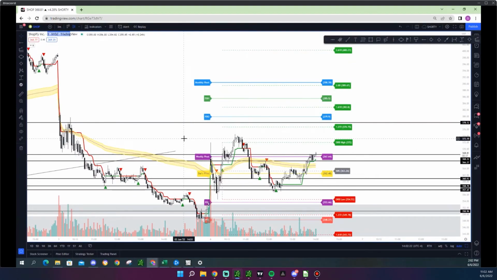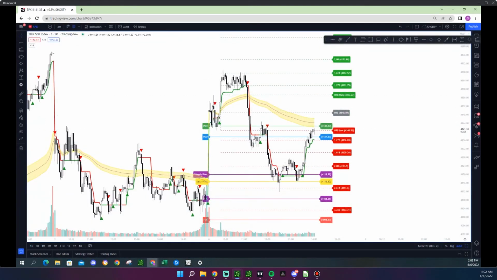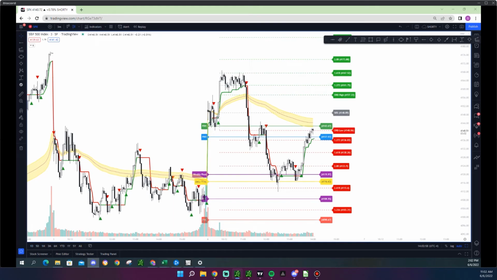I think we'll get a rejection here. And they went from 1.25 to 5 on those SPX.